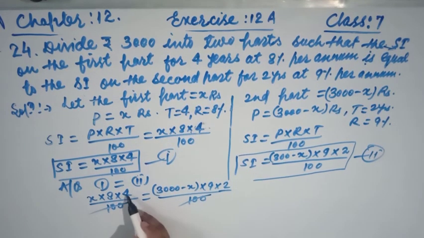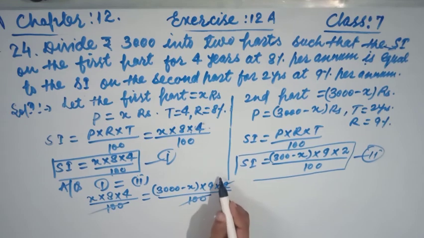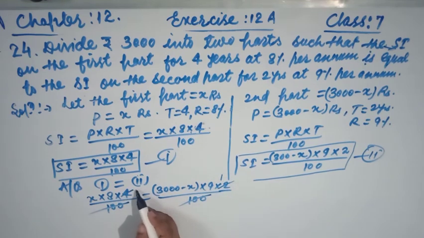Now we have to find the value of x. We can cancel here: 2 ones are 2, and 2 twos are 4.